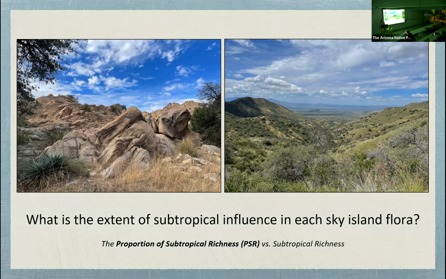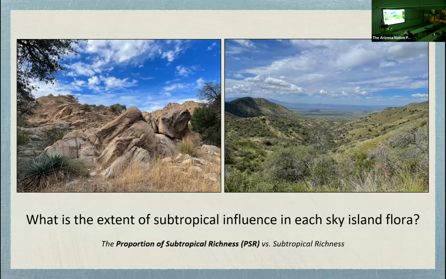The problem with that is that it doesn't really allow us to look at what factors are driving subtropical plant occurrence, because Sky Islands that are much larger areas are more likely to have more subtropical plants than smaller ones. For instance, Santa Catalina, one of our bigger Sky Islands that has the largest known species richness, is going to likely have more subtropical plants than a smaller range like Babaquivari.